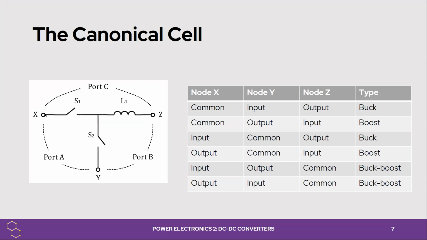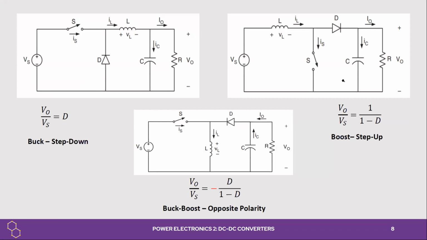As you can see, each node represents a common, an input, and an output for each type of the buck boost converters, as you can see in the next slide. This is the buck step down DC converter, where the switch is at the source current, and the diode is parallel.